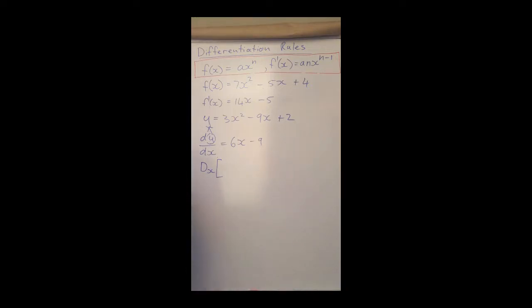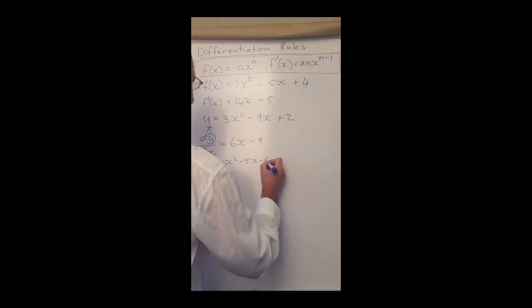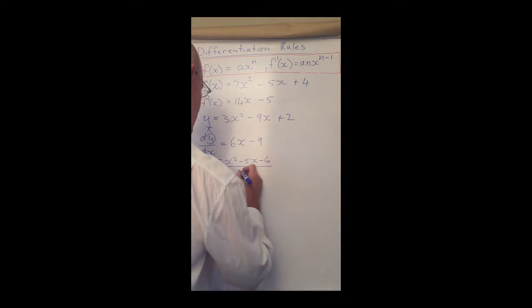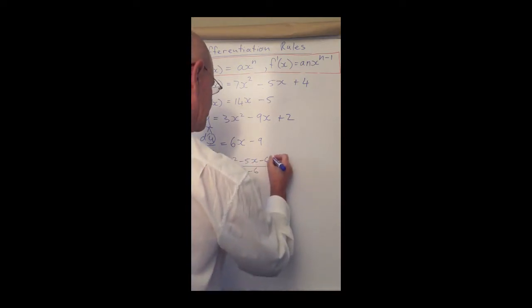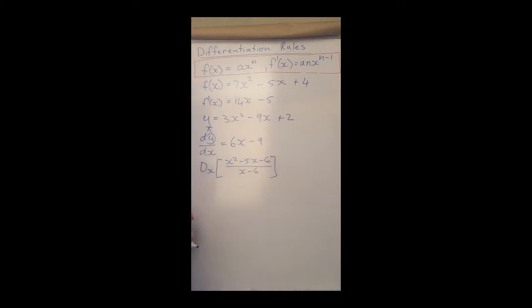And that will be x squared minus 5x minus 6 divided by x minus 6. We want to jump into this and say, well, let's differentiate the top divided by the differentiation at the bottom.